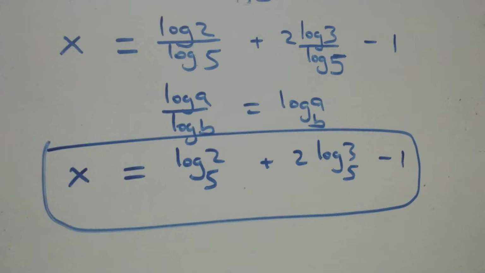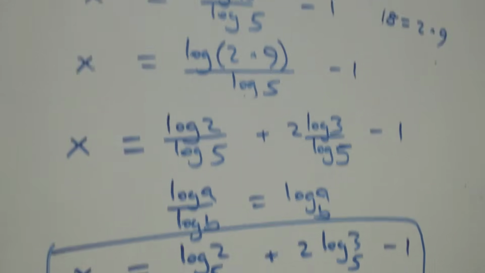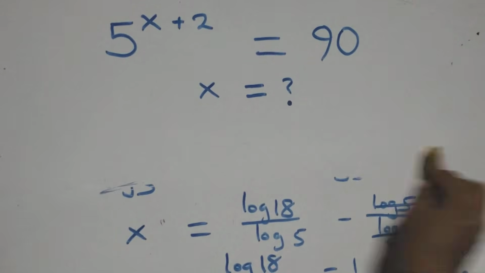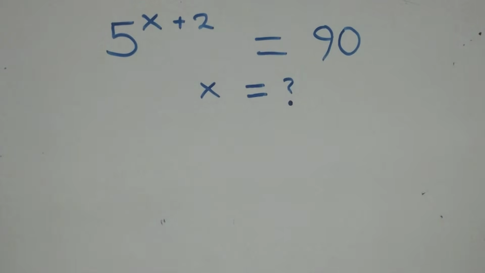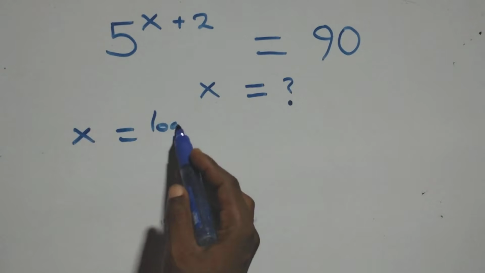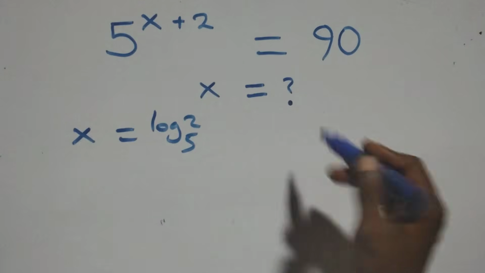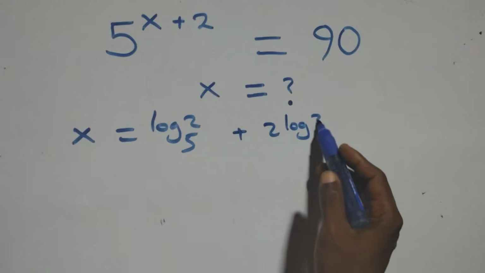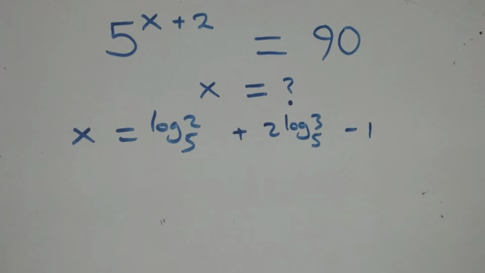And let's check if this satisfies this given problem. We will substitute the value of x here, which is x equals log 2 base 5 plus 2 log 3 base 5 minus 1.